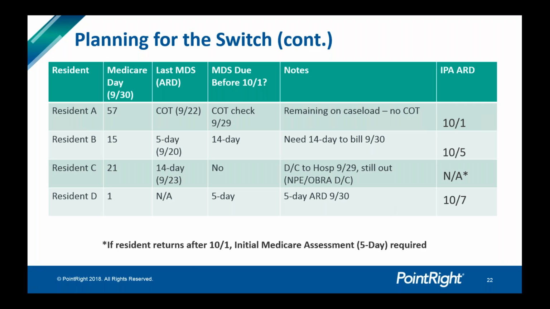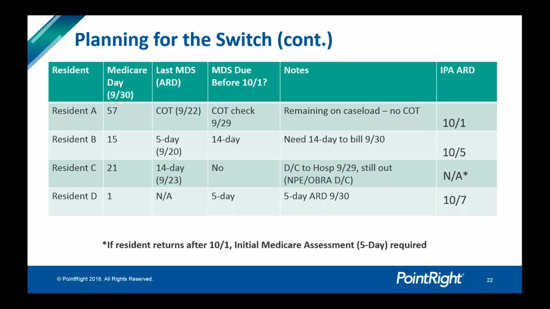We could go all the way out to the 7th. Just remember, October 7th is going to be on a Monday. So that means that your weekend staff has to be able to document and make sure that they're assessing for that usual performance in section GG, because that's the 3-day look back period, Saturday, Sunday, and Monday, with Monday being October 7th.